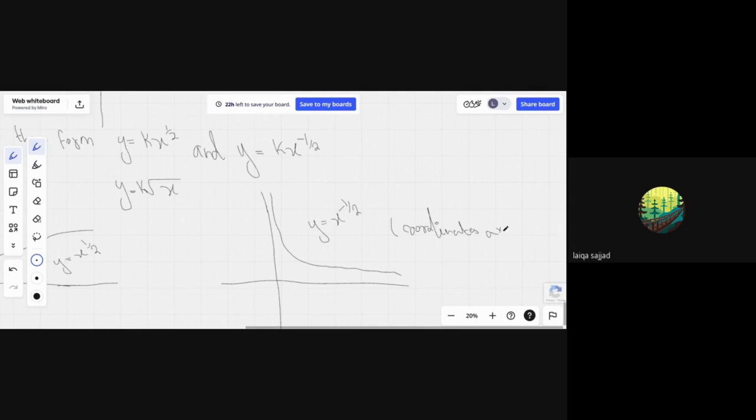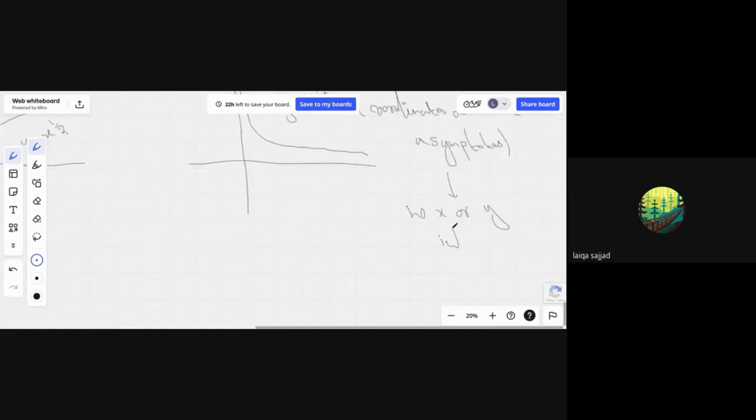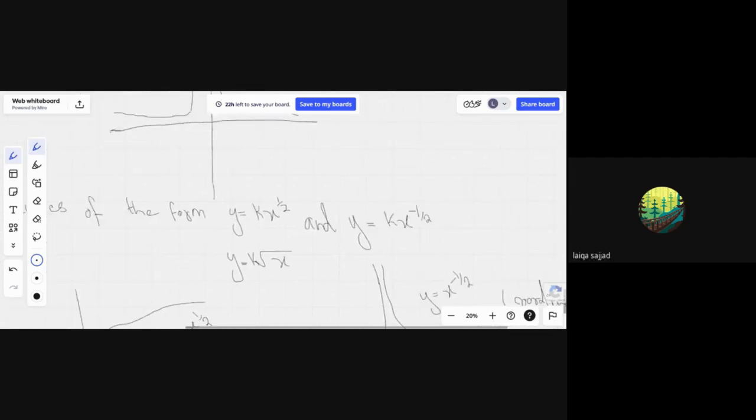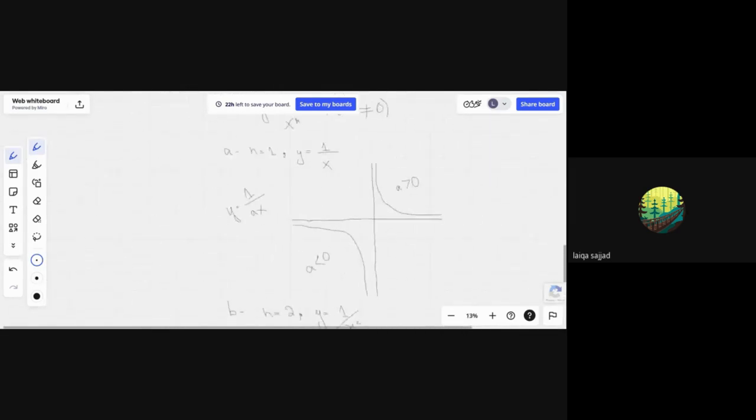So we can say that the coordinate axes are asymptotes, no x or y intercepts. Same is the characteristic for these two curves as well.